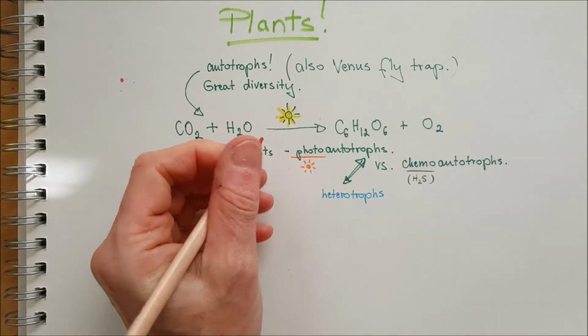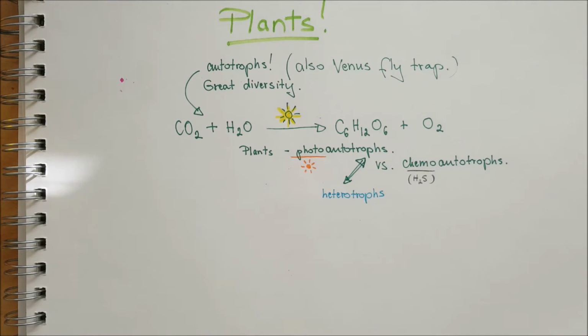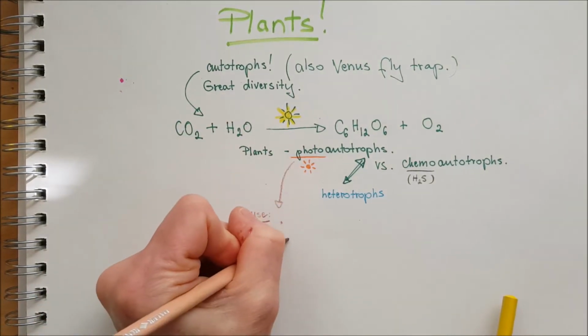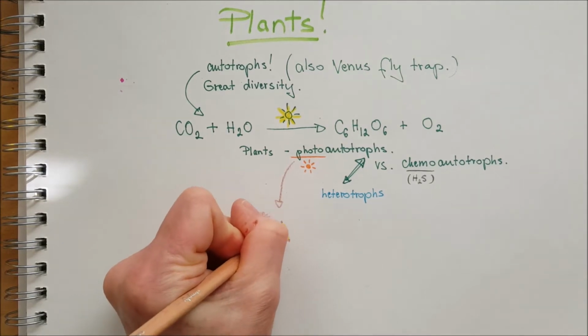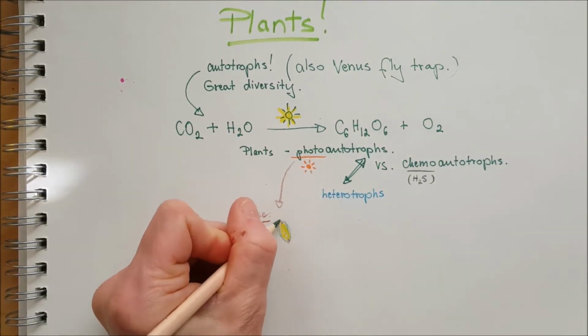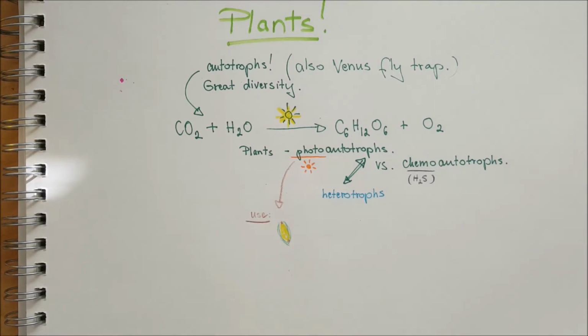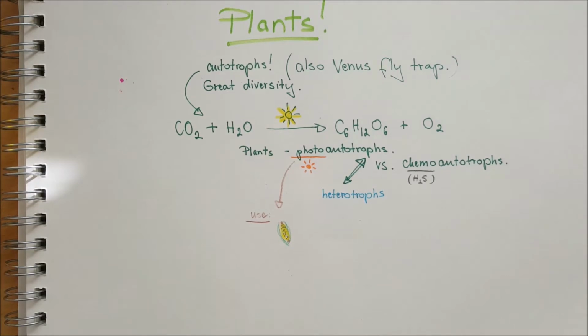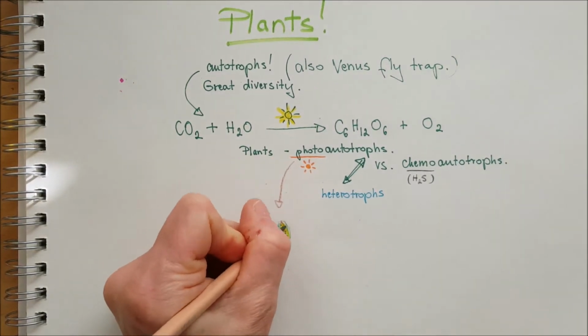The uses of plants: besides giving us food, they feed not only us, but all the animals, as well as the fungi. They give us clothes, like thin cotton.